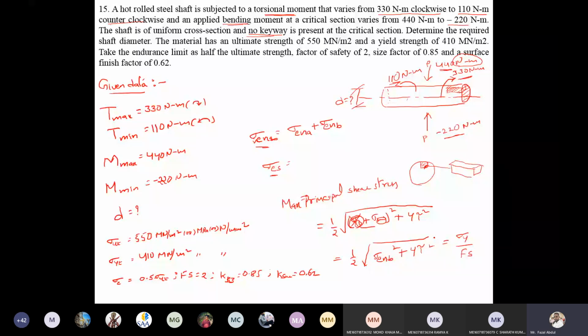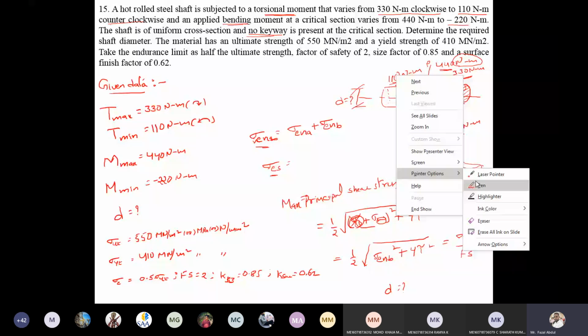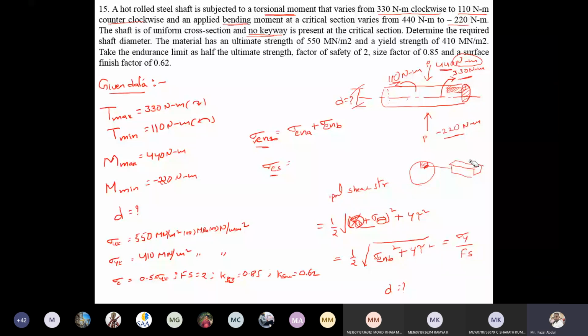Now I'm going through the step by step process. So first, what do we need to calculate? First, the equivalent normal stress due to bending.